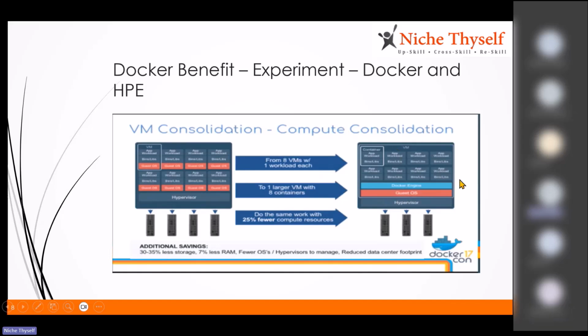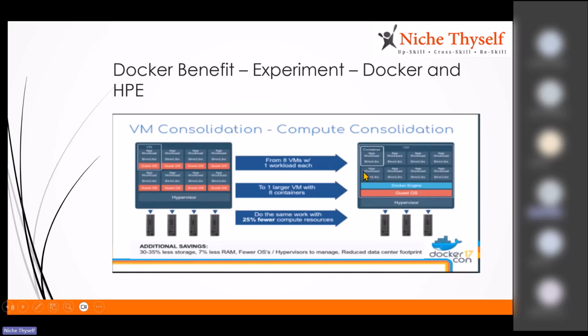So this is my virtual machine on top of this hardware, and there I'm running multiple containers: 1, 2, 3, 4, 5, 6, 7, 8. 8 containers I'm running. So here we need more hardware for the same setup. Here we can run it on less hardware, and still it is more efficient when it comes to performance.